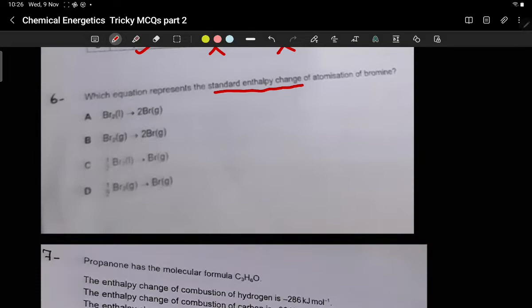So in option A, there are 2 moles of bromine gas, so this is incorrect. Br2 gas, so the bromine state symbol is not correct. 2Br gaseous state, gaseous atom, but the state symbol of bromine is incorrect.